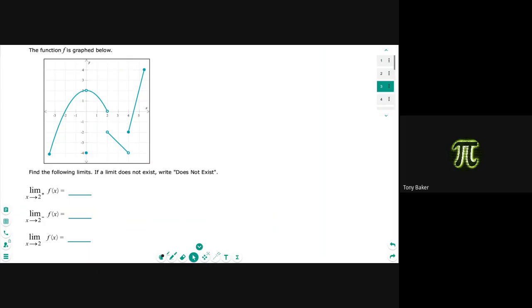All right, this one. So in this one, they're giving you this crazy graph and asking you for some limits. In this case, they're only asking for the limit as it goes to 2. So what is the limit as it goes to 2 from the right? Because it's the little plus sign there.